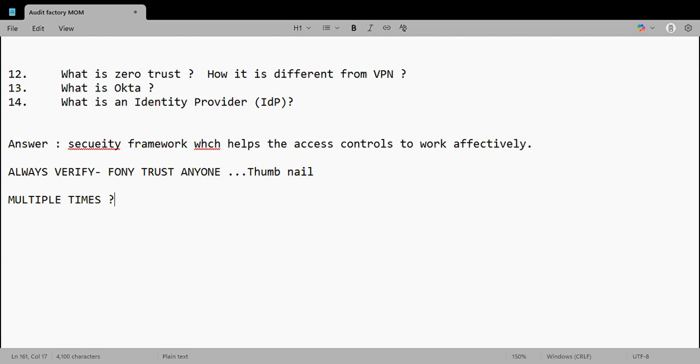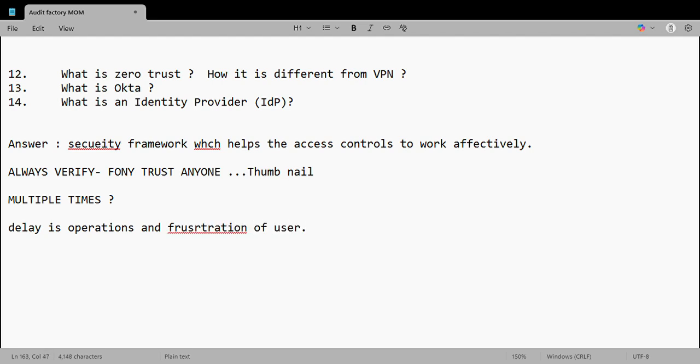Multiple times means another question is attached. For example, if zero trust continuously pushes the credentials to the user, it automatically delays operation, right? And it may also lead to frustration of the user.